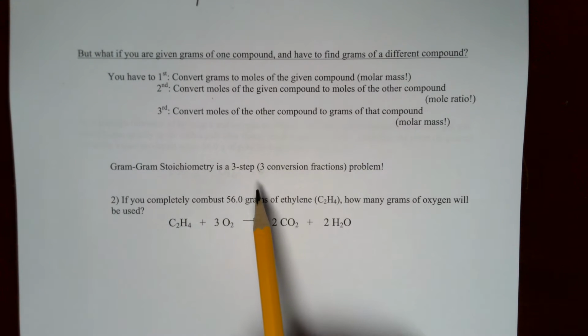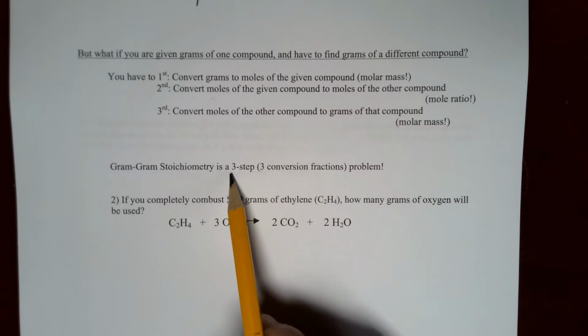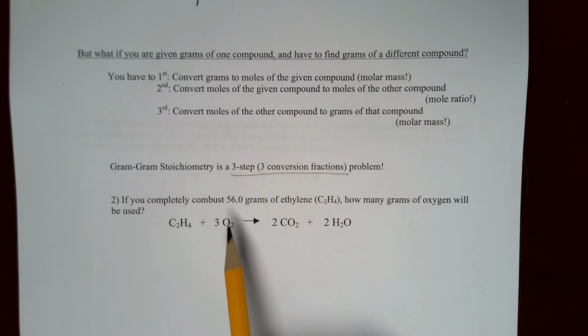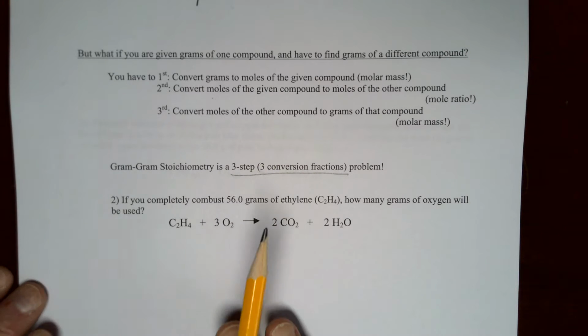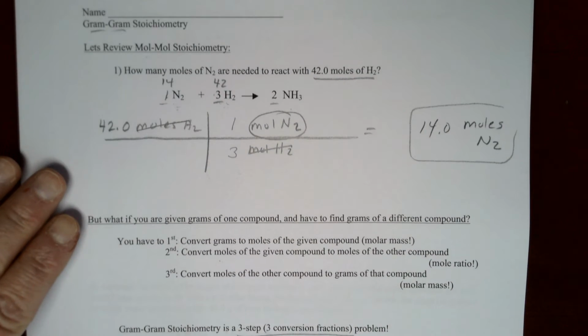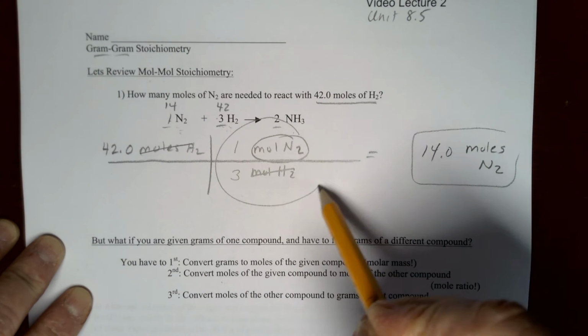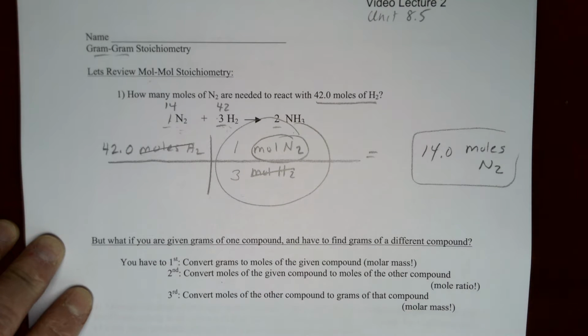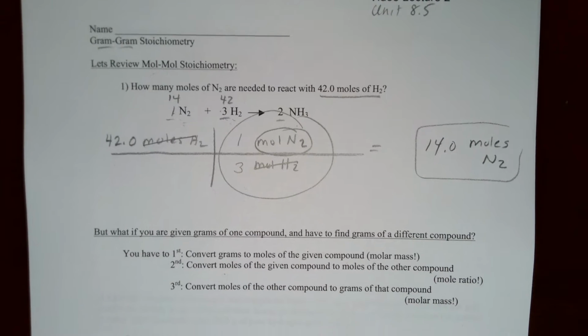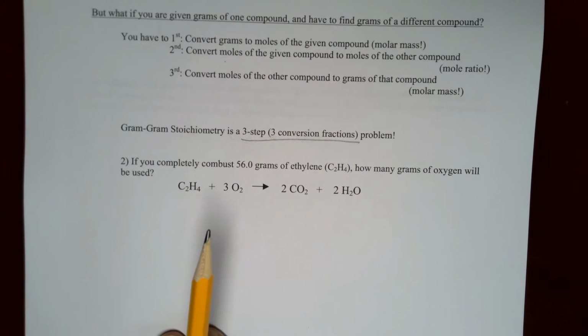In the end, gram-to-gram stoichiometry is a 3-step, meaning 3 conversion fractions problem. Whereas mole-to-mole stoichiometry, if I go back to that problem that we just did, has only 1 conversion fraction. Gram-to-gram stoichiometry is going to have 3 conversion fractions.